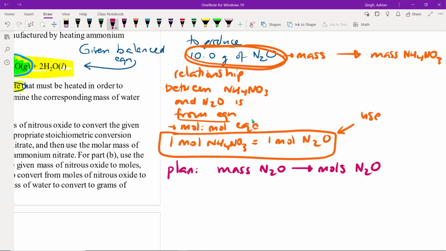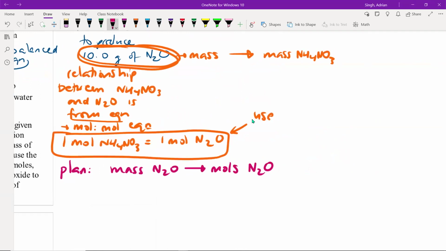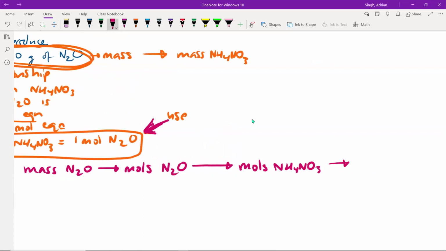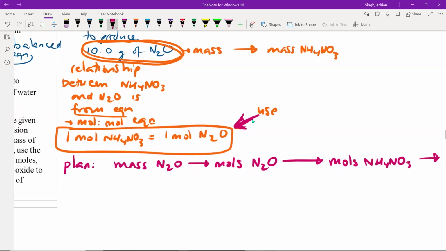Once you get to moles, then we can use our mole-to-mole relationship from the balanced equation that will allow us to convert it to moles of the thing that we want, the NH4NO3. And then once we get to moles of the NH4NO3, we can convert that to the mass of the ammonium nitrate. Going from mass to moles is something that you already know how to do. So we'll put in what these relationships are that we can use here.